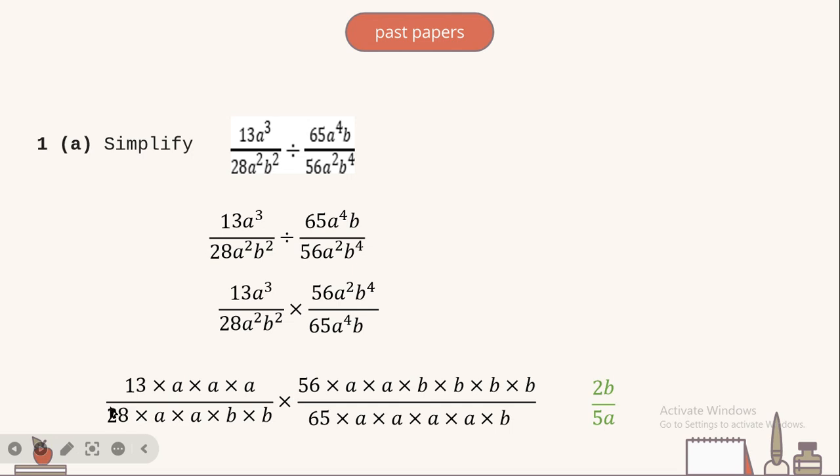And on top here, 28 can go into 56. 28 into 28 is 1. 28 into 56 is 2. So 1 times 2 is 2, and 1 times 5 is 5. So with the a that was left here, it will be 5a, and with the b that was left here, it will be 5b. You understand? Hope I'm not confusing you.